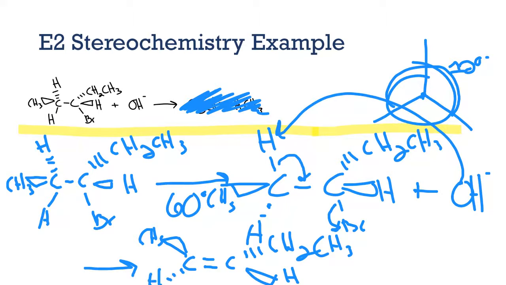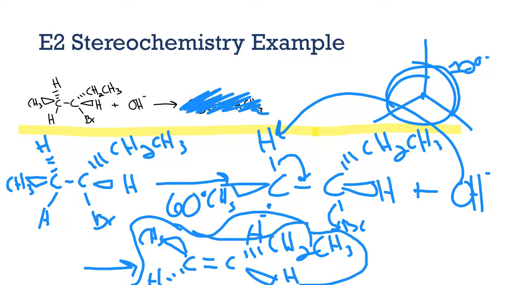Okay, so this will be our product here. I know it's messy, but hopefully that made sense. Okay, so just the big takeaway from that is you need to have your hydrogen and your leaving group anticoplanar.